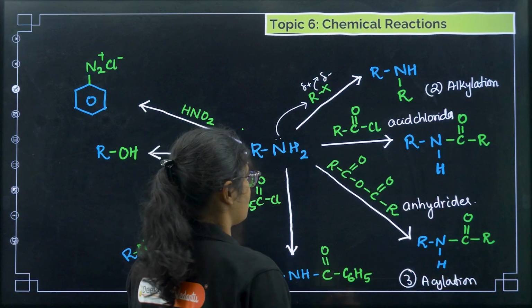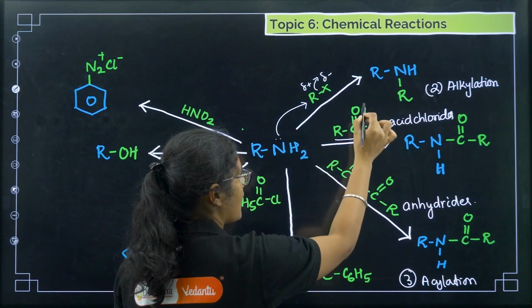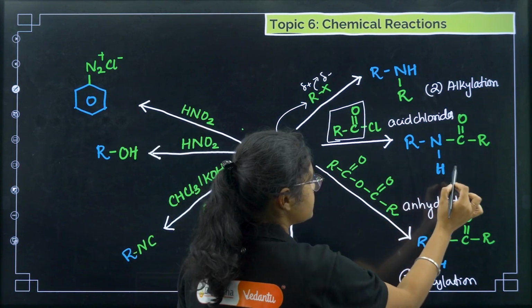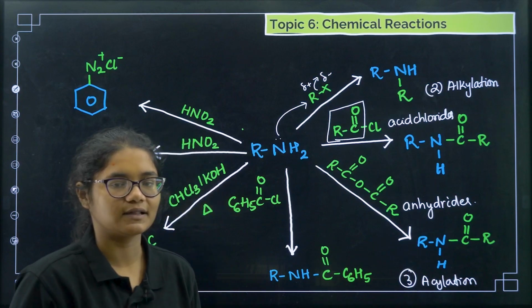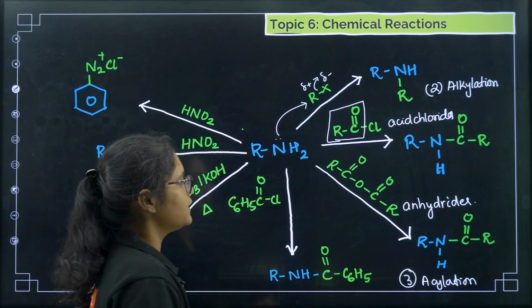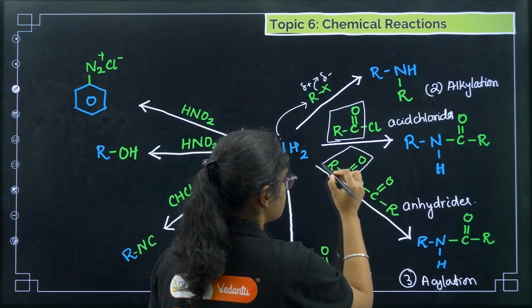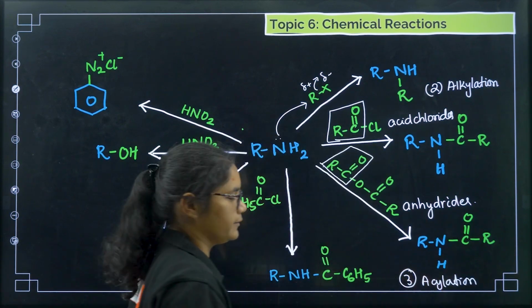What you have to do is replace one hydrogen with a COR group. So if you see what I have done, RNH, and this one H is replaced with the COR group. That is nothing but your acylation. Similarly, you can also do it with anhydrides. Again, replace this H with the RCO group, so you can see RNHCOR has come here.